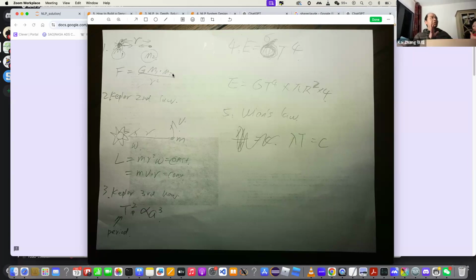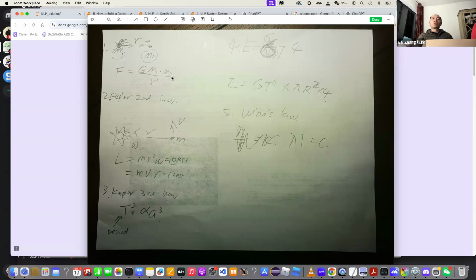If the distance is enlarged by a factor of 10, then the force would be a factor of 100 smaller. So due to the R squared relationship, the force drops very significantly if the distance increases.